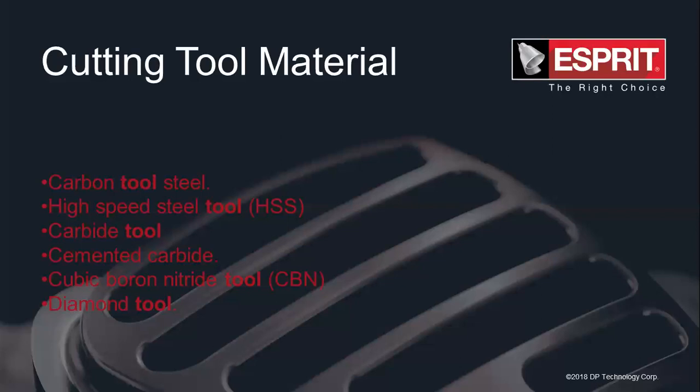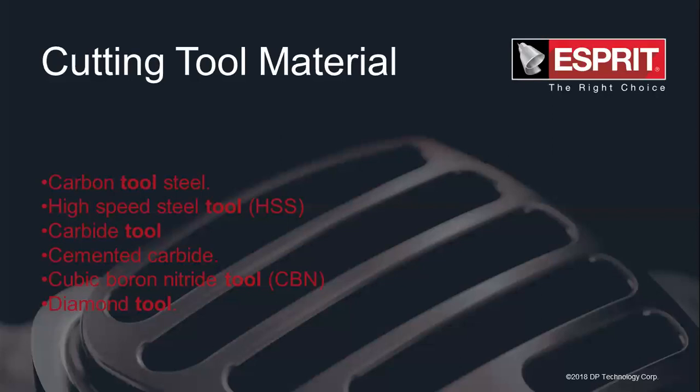As we all know, carbon tool steels consist of 0.6 to 1.5% of carbon, which can work at 250 degrees Celsius. लेकिन more than 250 degrees Celsius पे जाएगा, it will start losing its hardness. So that's why these carbon tool steels are only used for soft materials like brass, aluminium, and magnesium.